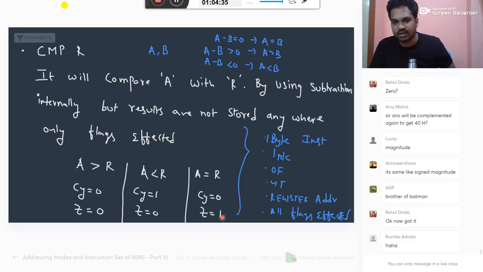Carry 1 means A less than B. Zero 1 means A equal to B. It is mutually exclusive.